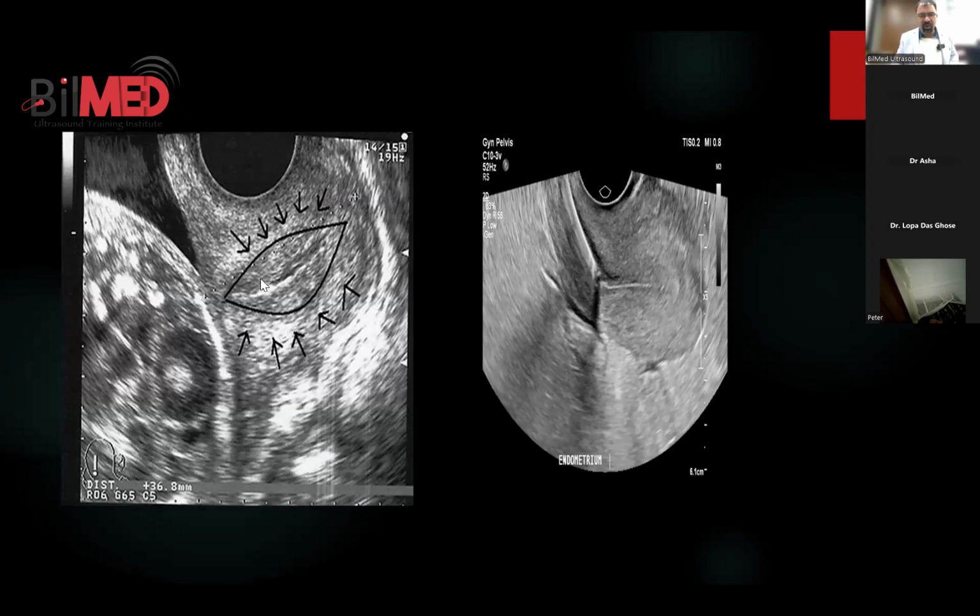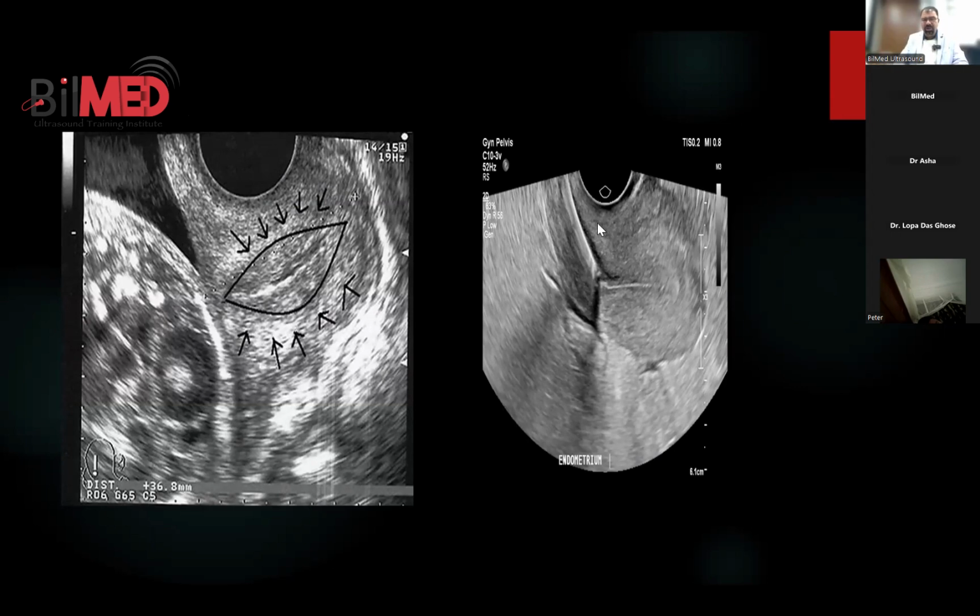A mucus plug will look echogenic, but not hyperechoic. Try to understand. It will not be hyperechoic, but more echogenic as compared to the myometrium or the cervix given here, while the IUCD is a very, very hyperechoic structure.